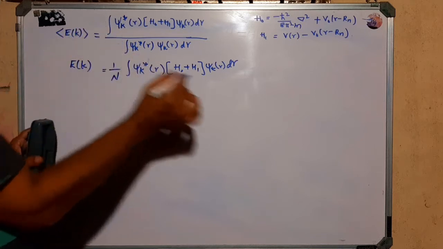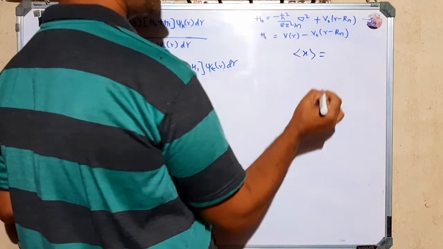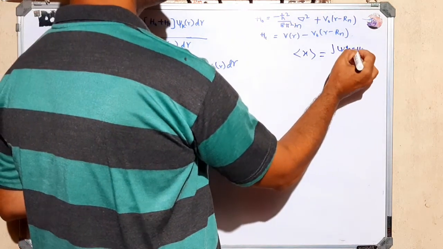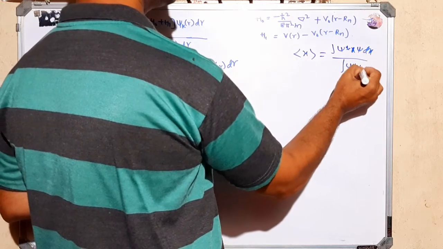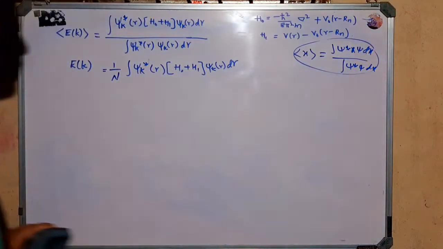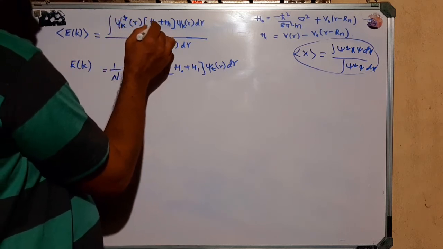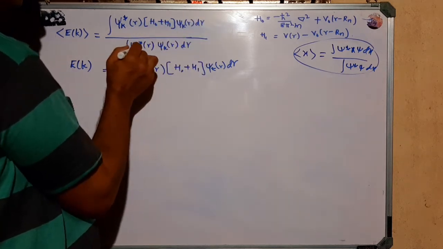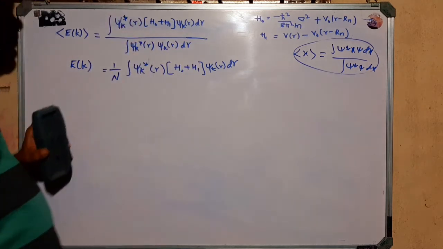As you know, the expectation value is ξ star times the operator times ξ, divided by the integration of ξ star ξ dx. This is the basic equation. So here I am representing the integral of ξk star(r) H ξk(r) dr, divided by the integral of ξk star(r) ξk(r) dr. It is the complex conjugate of this.